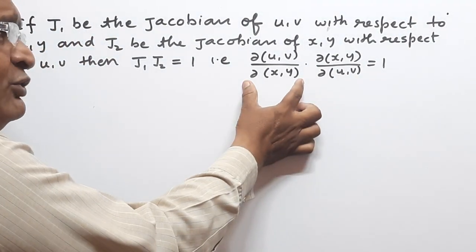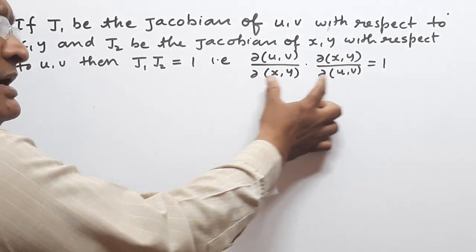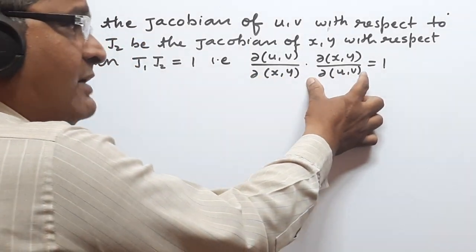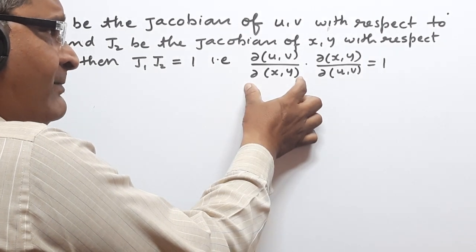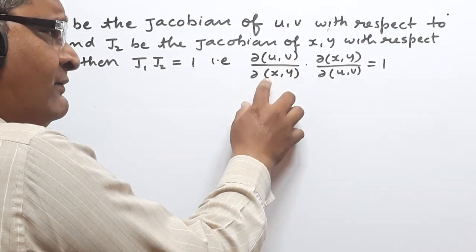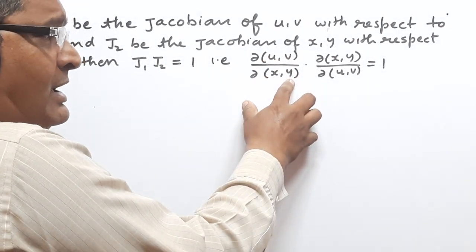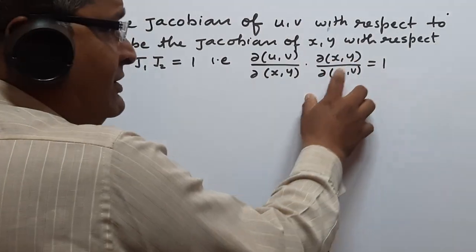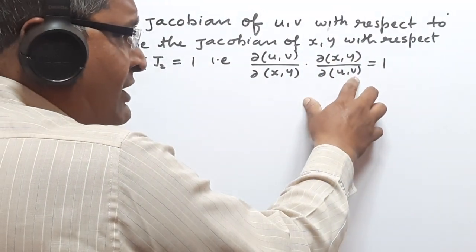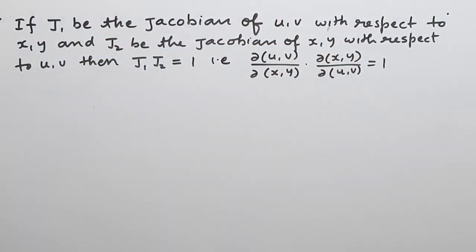So the product of the Jacobian of the uv function with respect to xy and the Jacobian of the xy function with respect to uv is equal to 1.